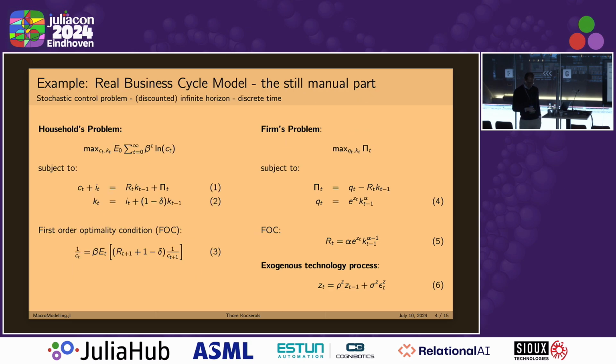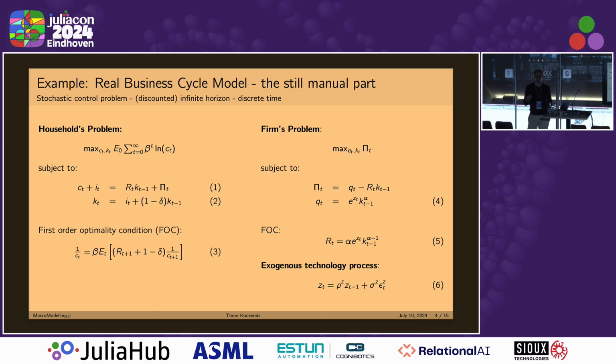Okay, so maybe some of you are not economists, so I'll try to enlighten you on what we do. With these kinds of models, think of them as stochastic control problems, which means you set up an optimization problem. In this simple example, you have households and firms. They maximize something. For the households, it's their utility. They maximize their consumption.